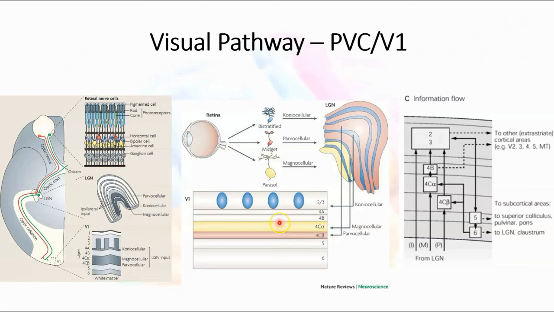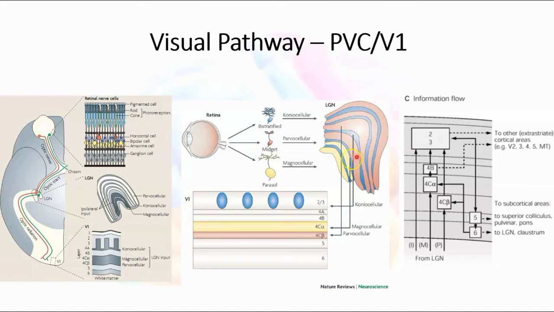Layer 4 is subdivided into layers 4A, 4B, 4C alpha, and 4C beta. Layers 4C alpha and 4C beta are the major sublayers that receive input signals from the LGN.